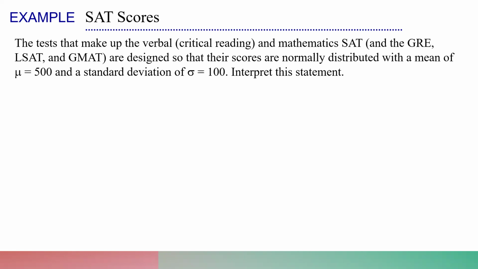And about 99.7% of the students score between 200 and 800, because that is 3 standard deviations, or 300 plus or minus the 500. So added to 500 and subtracted from 500. And that gives us the 200 to 800. So that's pretty powerful to say.